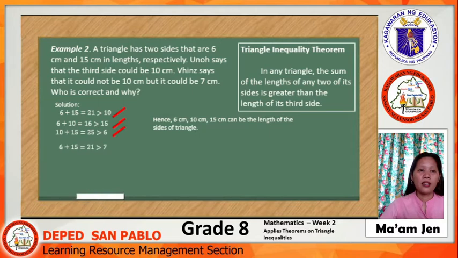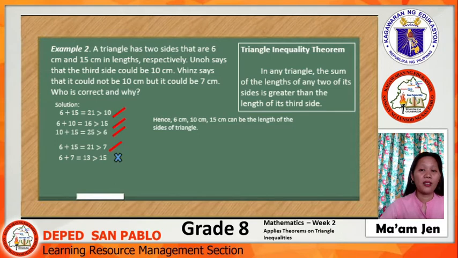Next, how about the three sides 6, 15, and 7? 6 plus 15 is 21. Is 21 greater than 7? That is correct. Next, how about 6 plus 7? 6 plus 7 is 13. Is 13 greater than 15?